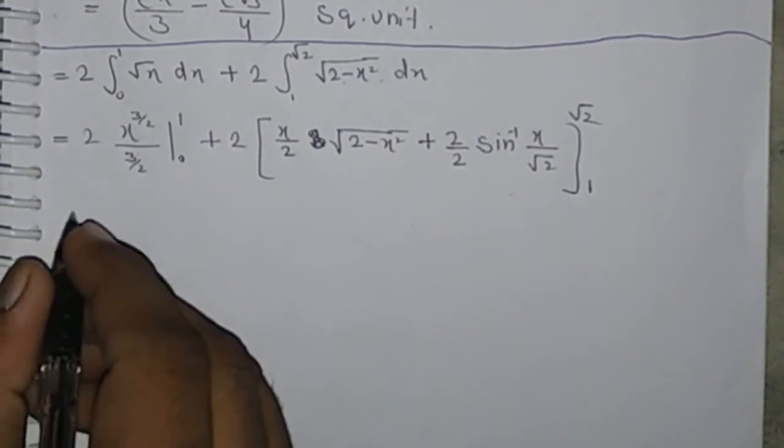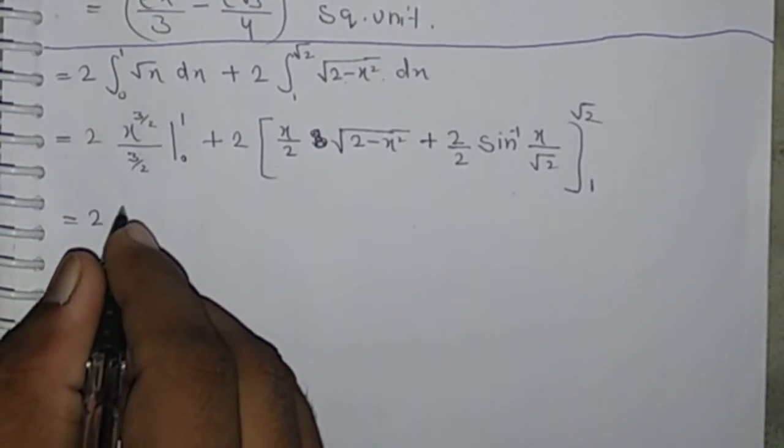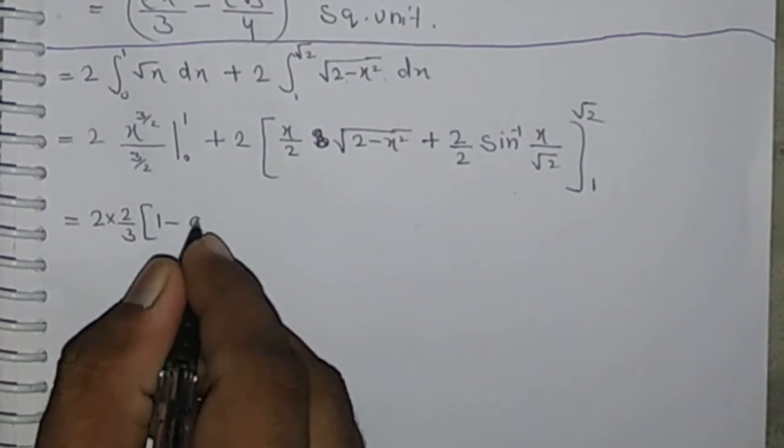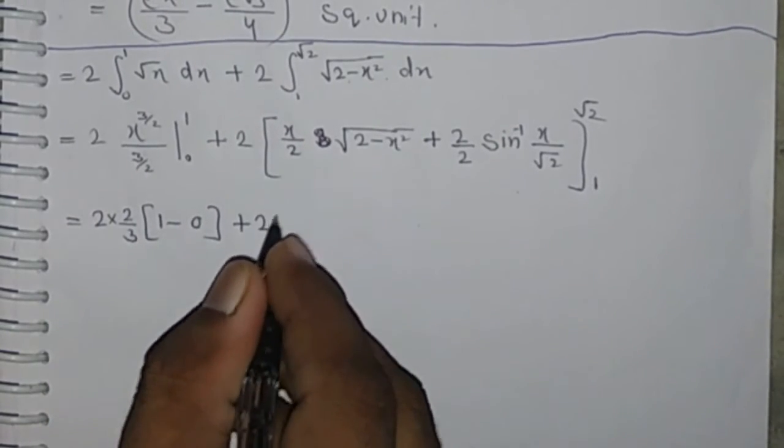Now apply upper limit and lower limit. We have 2 into 2 by 3 times 1 minus 0 plus 2.